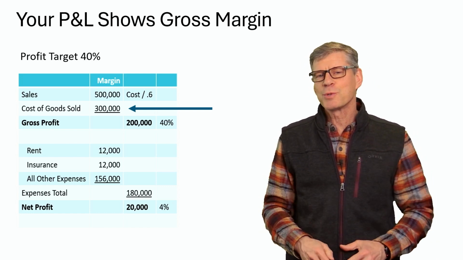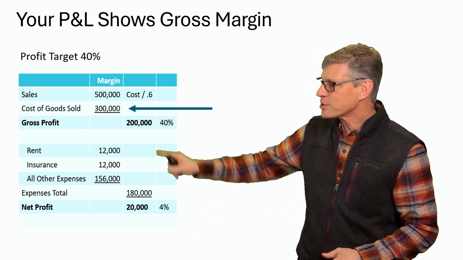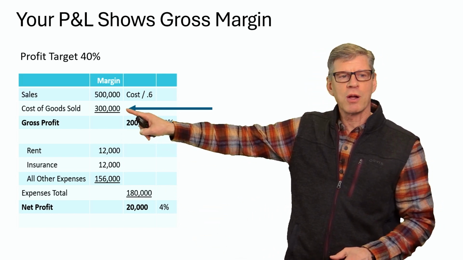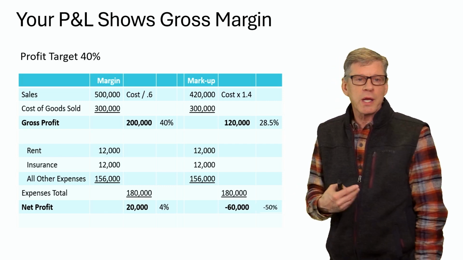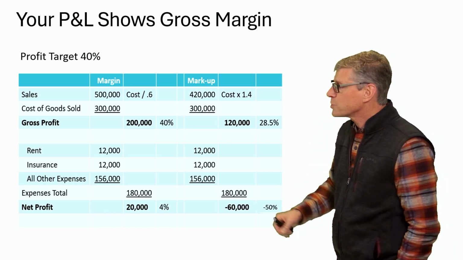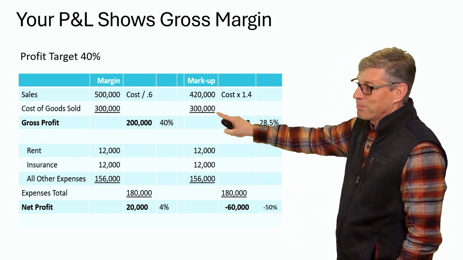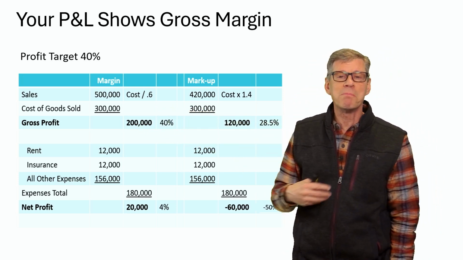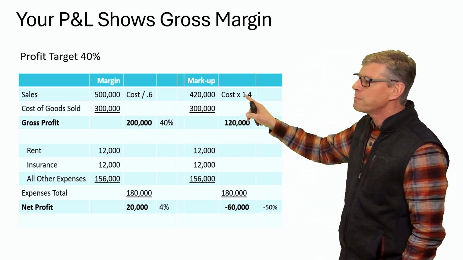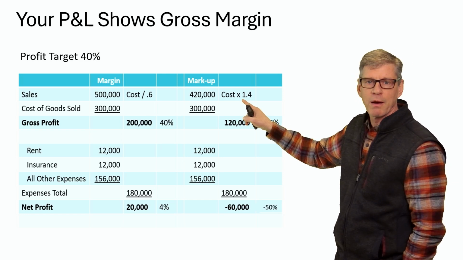What if it was gross profit? Well, your cost of goods sold doesn't change at all. So let's say instead of using margin, we're going to use markup. So our materials were $300,000, the same as we had before. We were shooting for a 40% markup, and we use a 1.4 multiplier.